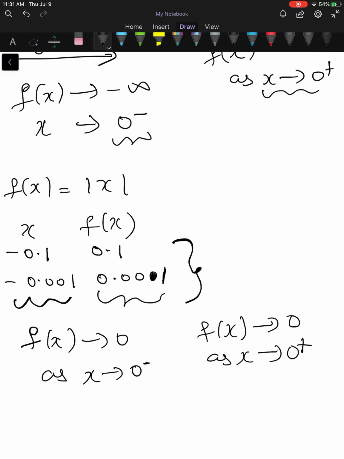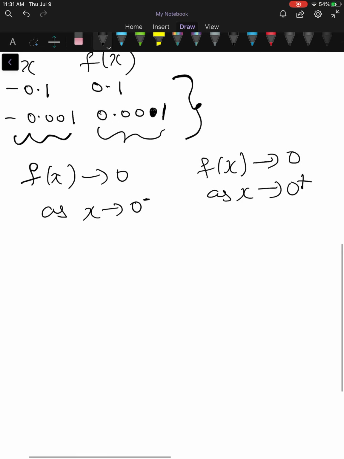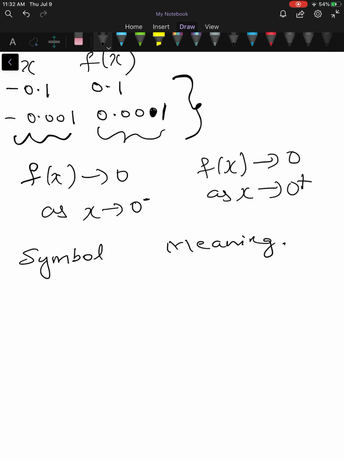So with this information we can define what are called vertical and horizontal asymptotes. So let us denote things in the arrow notation, the symbol and meaning. Let us define this first.